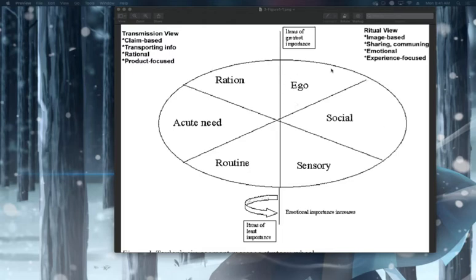First and foremost, we have what's called ego. Now, ego has to do with the statement that they used in the article, I am me. I am me. The reason they chose that specific set of words is that this product or service is very much a part of your identity.